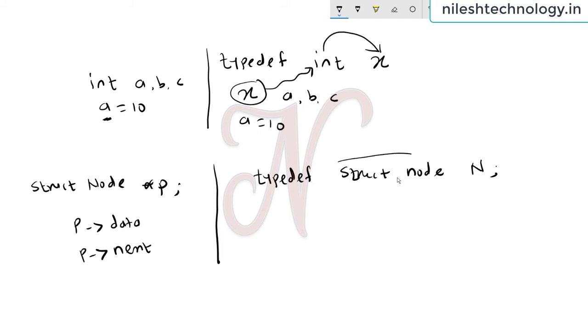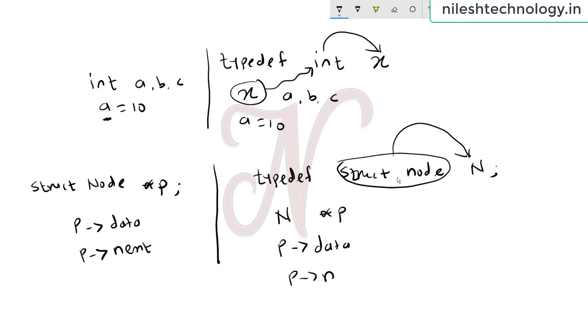See here, it copies the property of struct node to this n variable. So here n, we create the instance star p, then p arrow data and p arrow next. So the meaning of n is struct node.